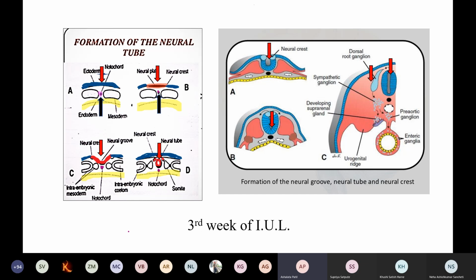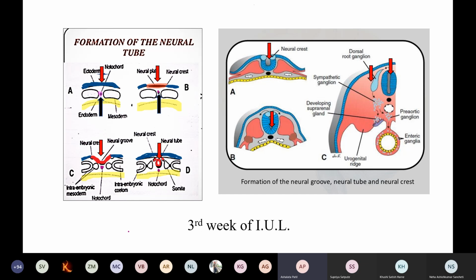Now the notochord, shown with this pink dot, converts the surface ectoderm overlying it into neuroectoderm. Next, this neuroectodermal plate sinks beneath the surface ectoderm. A depression is seen, called the neural groove, and the margins are called neural folds.